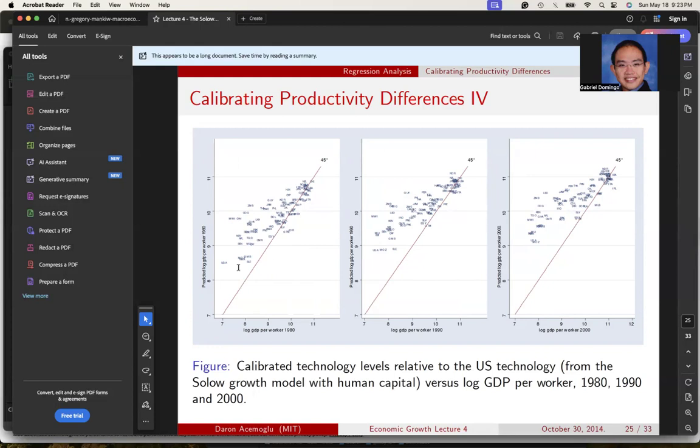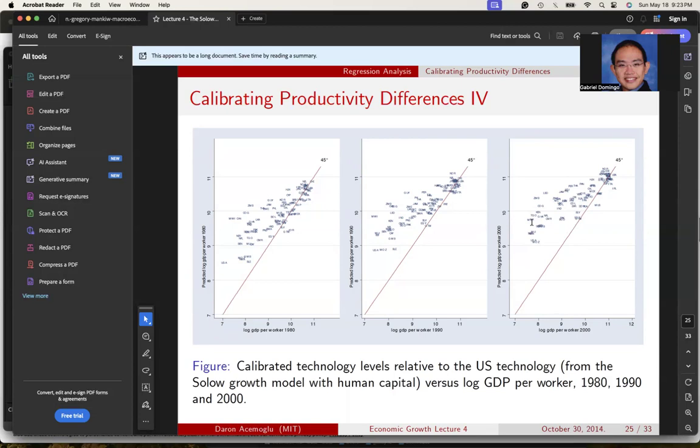Because the predicted log GDP, based on the fact that the TFPs are the same, will be higher, right? So that's where the calibration matters. That the predicted log GDP is in fact higher under the assumption that there is no productivity difference between all of these countries and the United States.